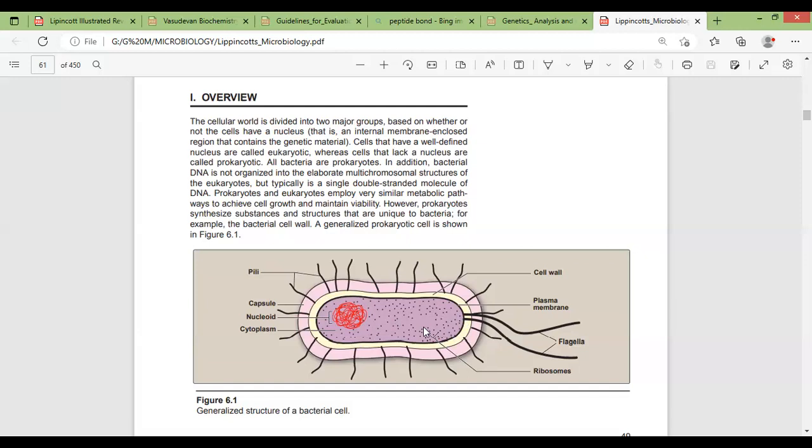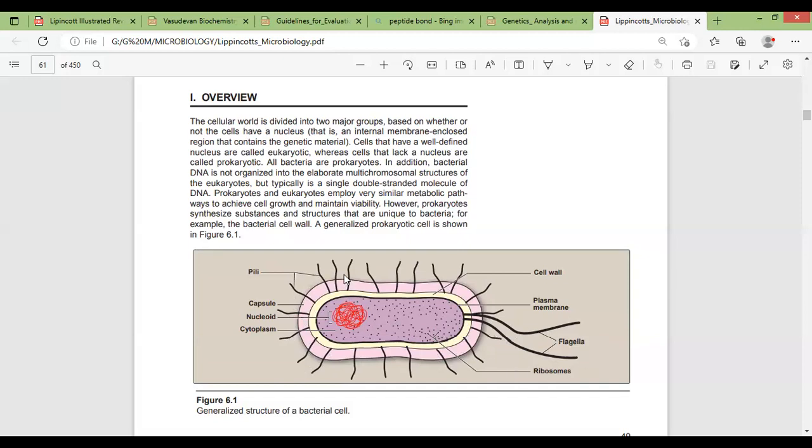In the cytoplasm is where we'll have the cell organelles. Ribosomes, we are seeing the ribosomes there. Then there is a plasma membrane, same as humans. Then what is unique about bacterial cells is that they have a cell wall. And then the other things, flagella, the extensions that they use for movement.